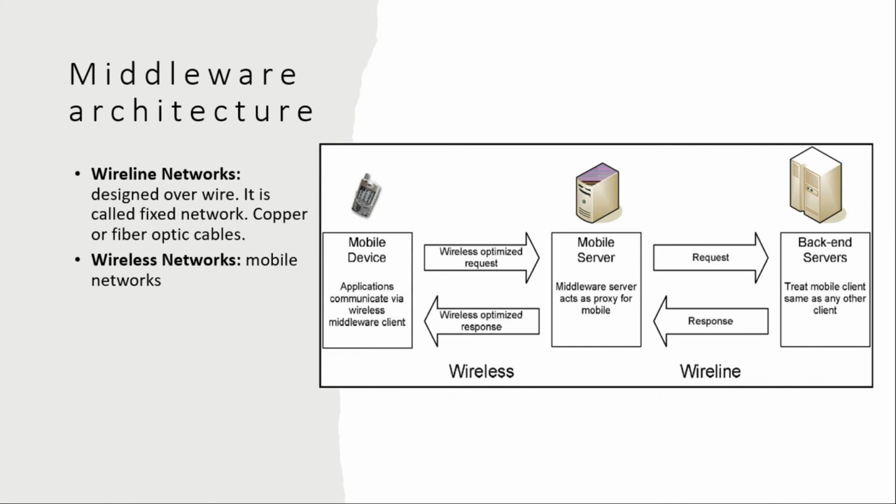Then mobile server requests to the backend server that treats the mobile client the same as any other client. So the backend server responds to the mobile server and wireless optimized response to the mobile device. So wireline network designed over wire is called fixed network, copper or fiber optic cable. For the wireless, it is a mobile network.